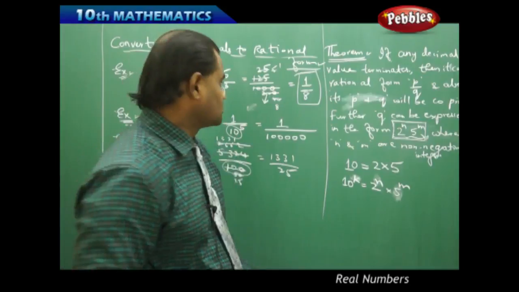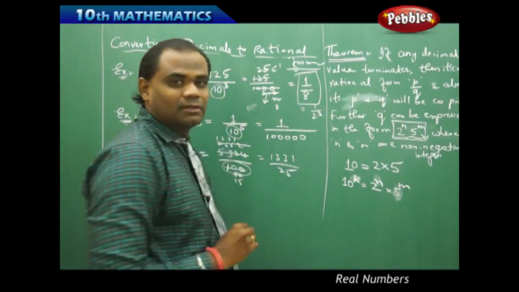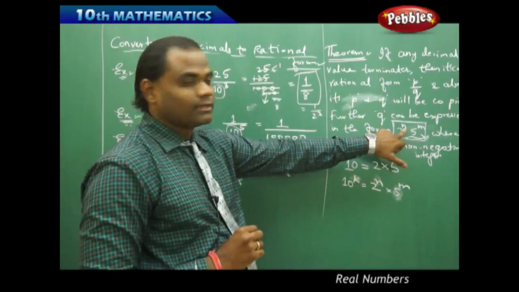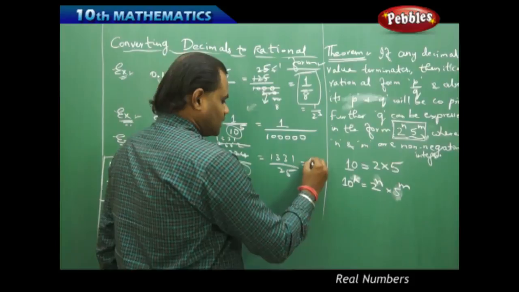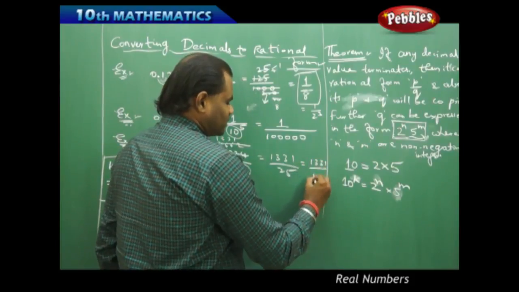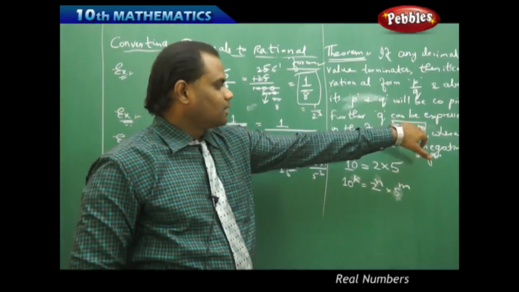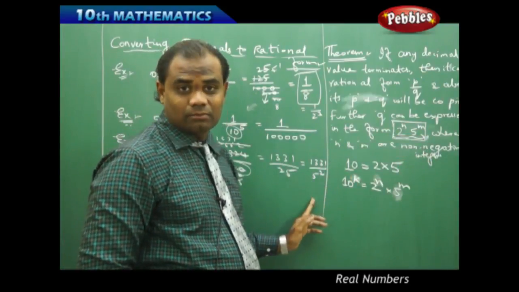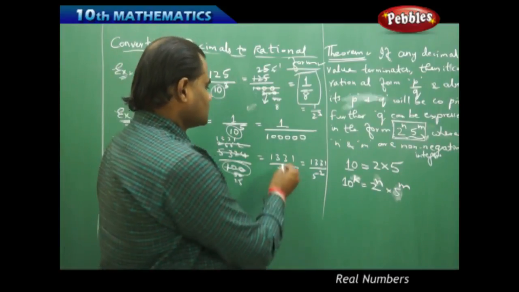The product of factors. As I can see here, 1 by 8 can be written as 1 by 2 power 3. So here n is 3, m is 0 in case of this. This can be written as 1331 by 25. I can write it as 5 square, which is 5 power m. M is 2 and n is 0 because there's no 2 power term. So everywhere I see the same concept.